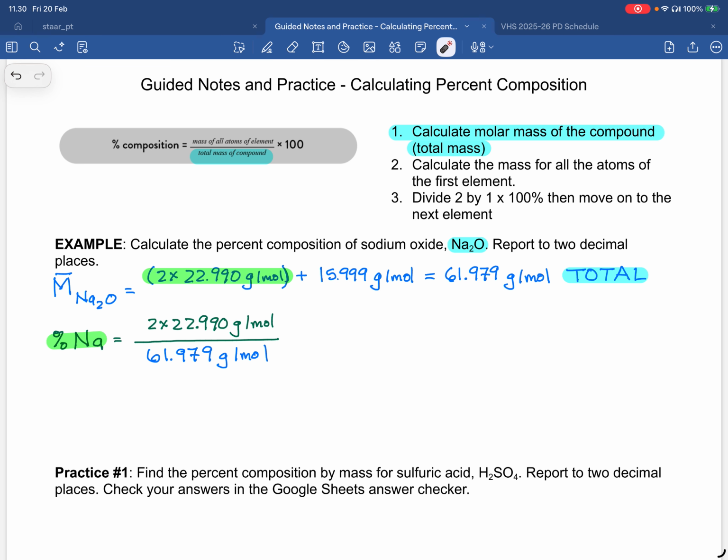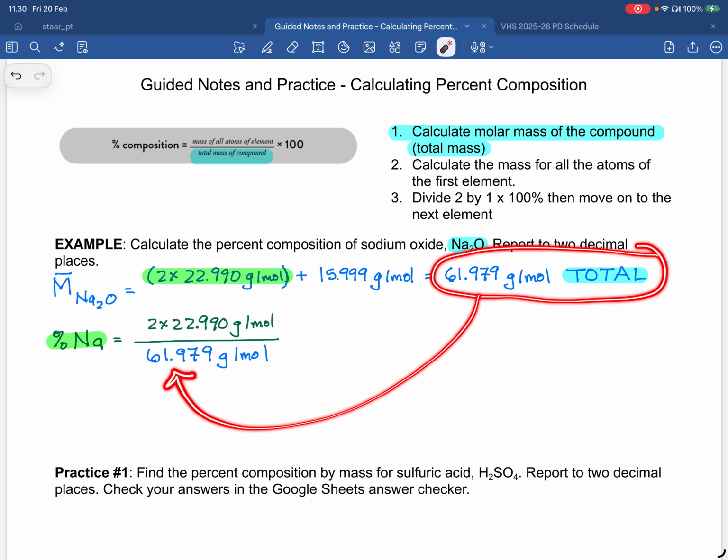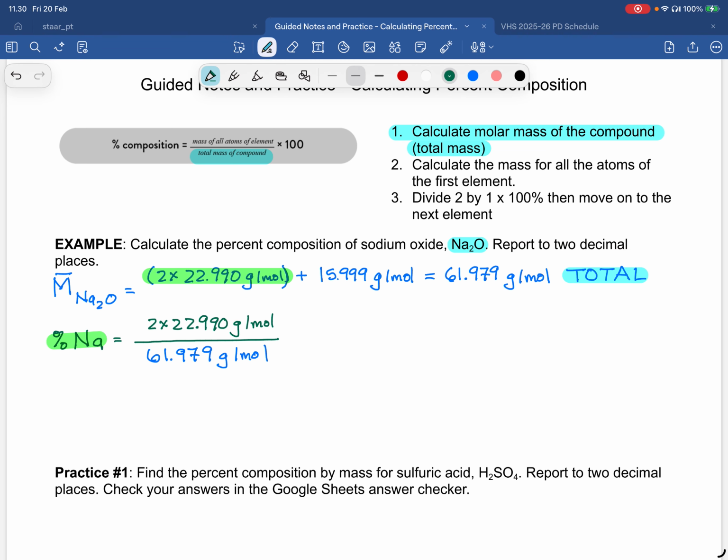Now notice where I got that. I got it from here, total mass. And where I got the sodium was from here. Okay? And just to make that really clear, I'm going to label that as sodium. Okay? Now, the final step, you want to make a percentage, is you divide and then you multiply by 100%. So, I'm going to multiply this by 100%.